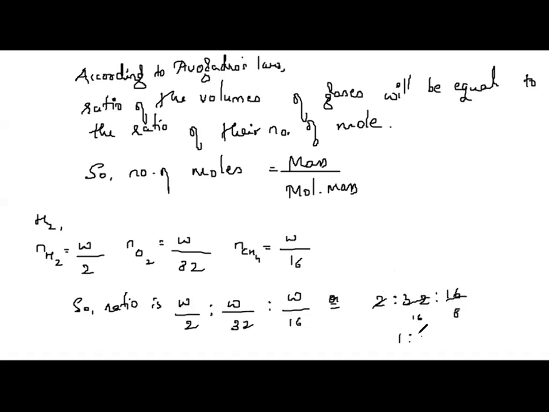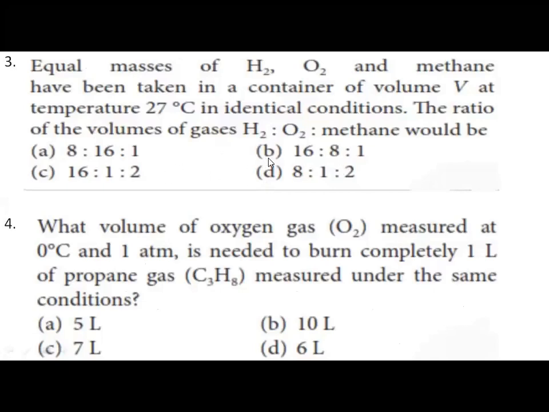So 1 is to 16 is to 8. Yes. So is there the option? Where 1 is to 16 is to 8. So this is the option. Yes, this is the correct option, so it is option C.